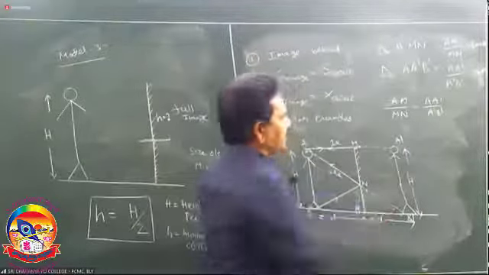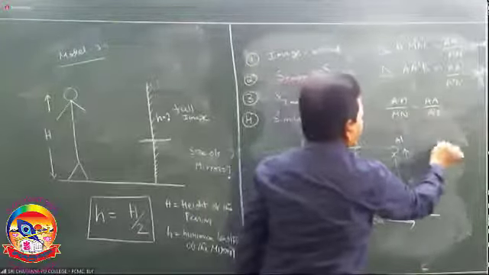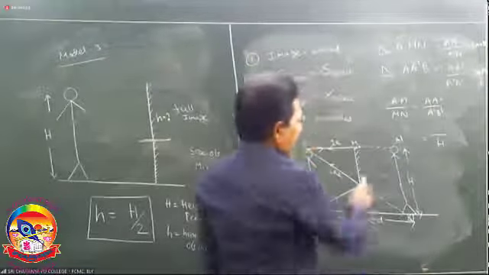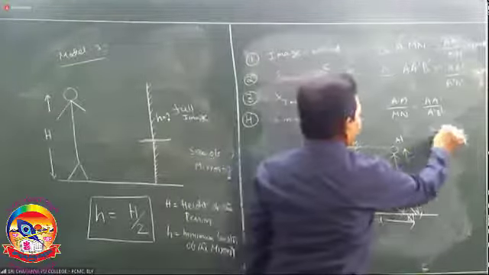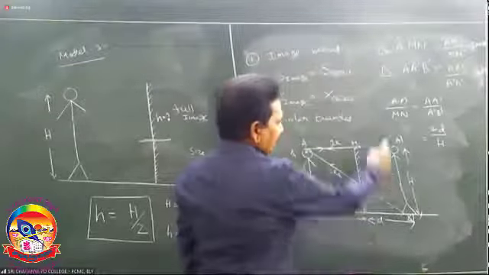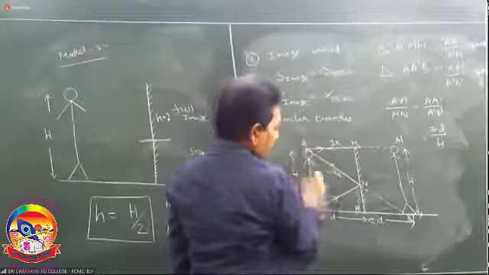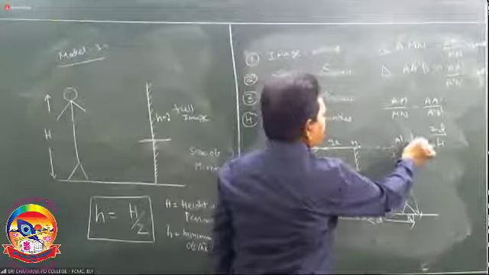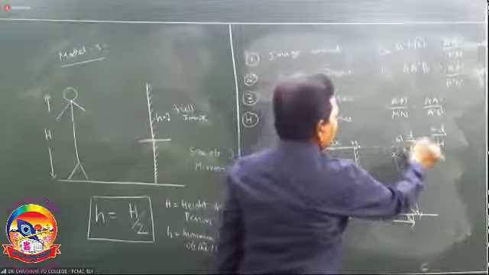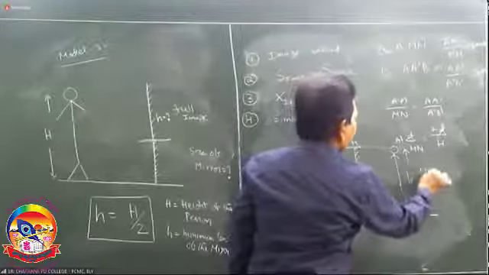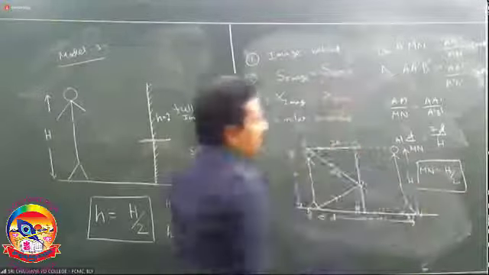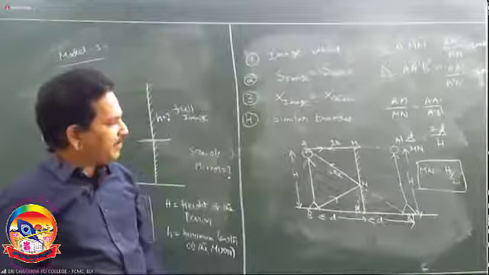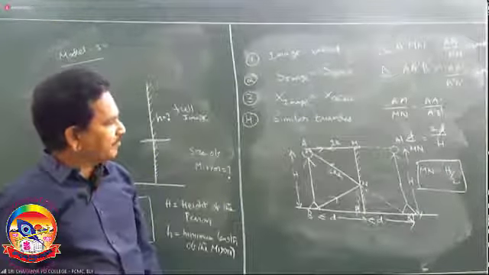A dash B dash is H. A to A dash is D plus D, 2D. A to M is only D. D gets cancelled. I want MN, which is H by 2. This is the size of the mirror to get the full image.